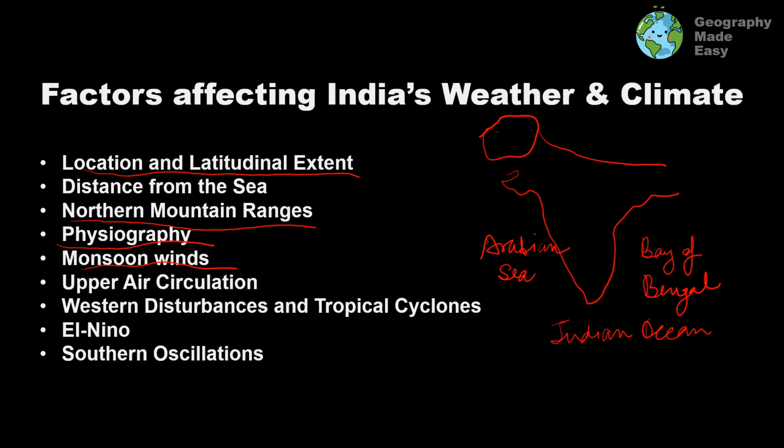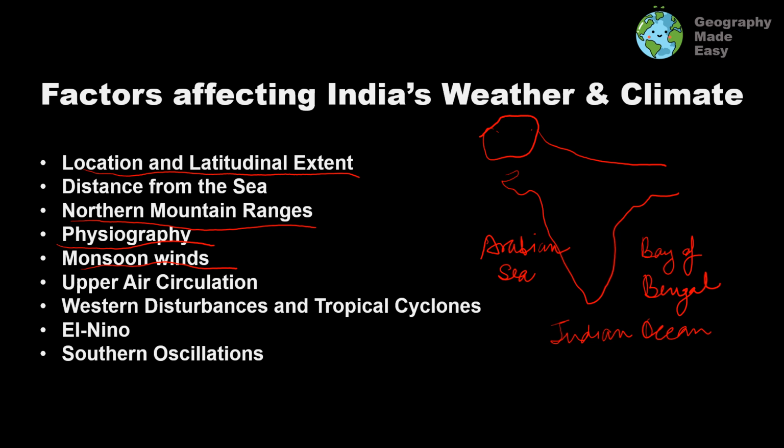This enhances or changes the climatic condition of the Indian subcontinent, making it much easier for plants and animals to survive in this area. So monsoon winds have a very major role in determining the weather and climate of India.